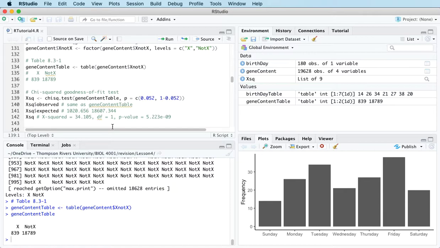And then the alternative hypothesis is that the probability that a human gene appears on the X chromosome is not 5.2%. So that's these numbers here: 0.052 on the X chromosome and 1 minus 0.052 not on the X chromosome.